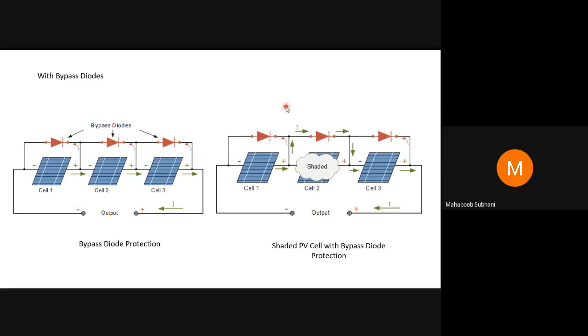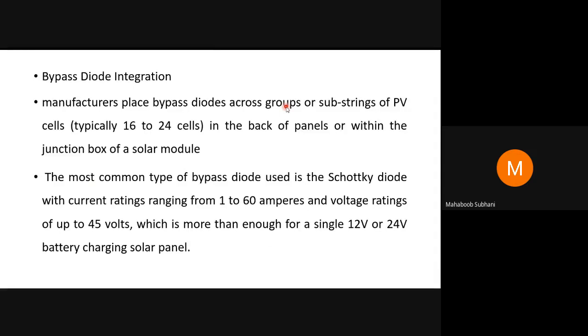So there is a provision to minimize this installation cost, that is with the help of bypass diode integration. This will tell you how many bypass diodes to incorporate and minimize the losses in power.